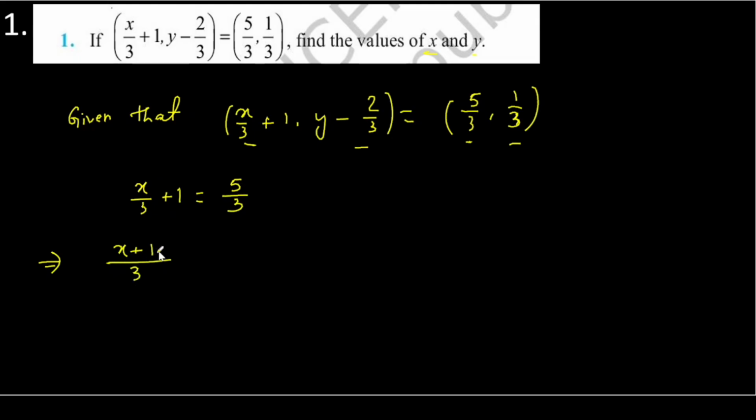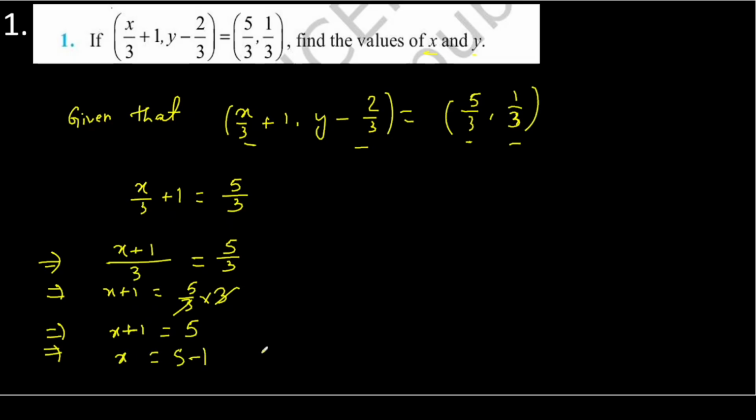If we solve it, (x + 3)/3 = 5/3, or x + 1 = 5/3 into 3. The 3 cancels out, so x + 1 = 5, and x = 5 − 1, that is x equals 4. So we got the value of x.